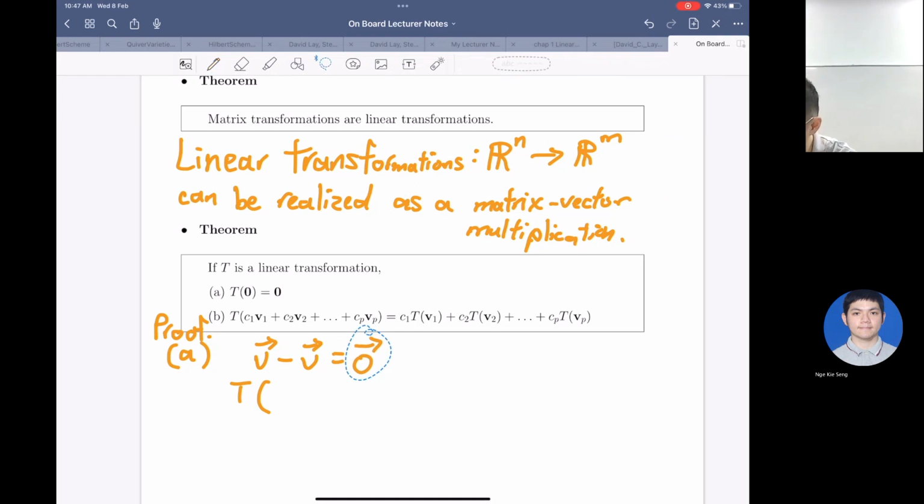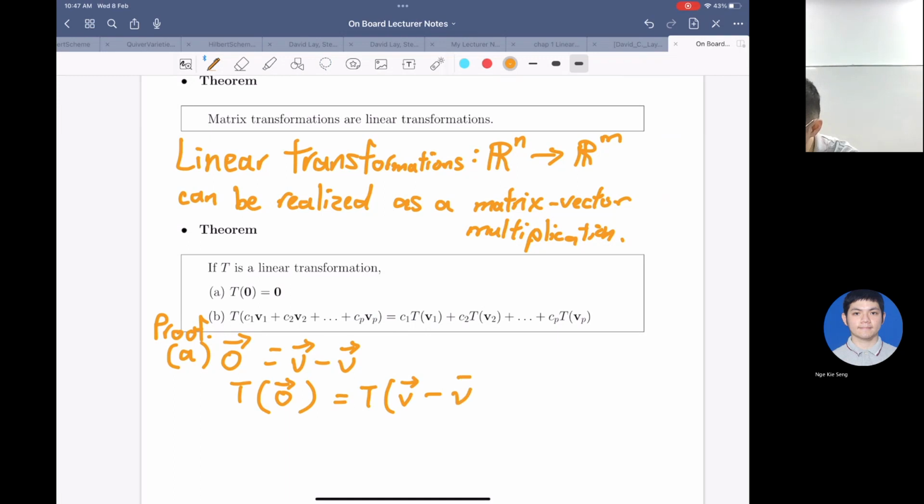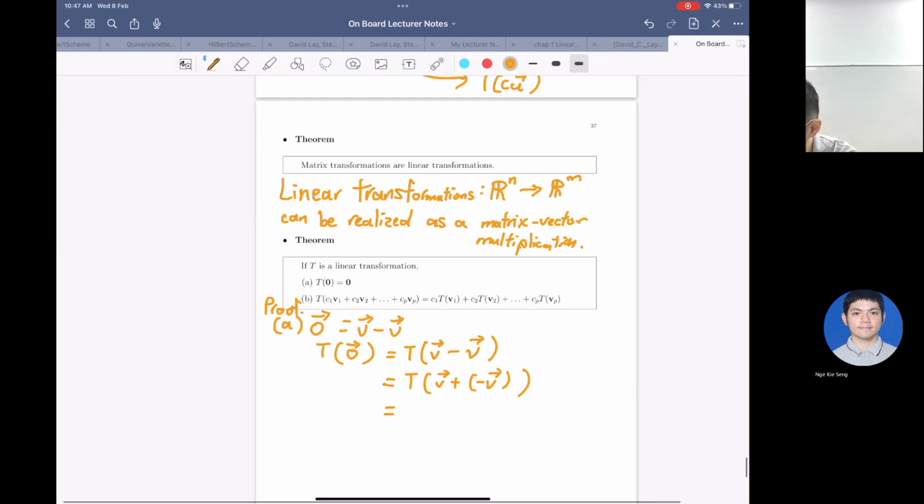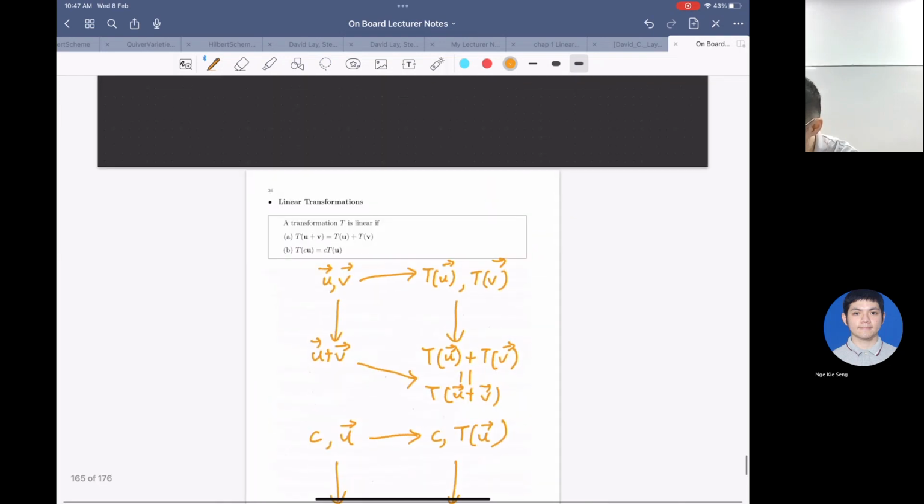We can apply T to both sides because they are the same vectors. By the definition of a linear transformation, we can split them up. Remember that you can split the sum and you can pull out the scalar.